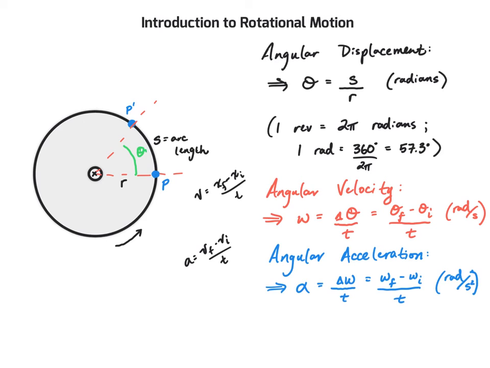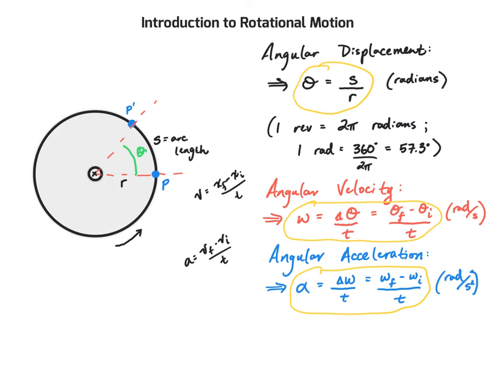So do not be intimidated by these new equations. Really, the big equations are angular displacement, angular velocity, and angular acceleration. We looked at angular acceleration in that demo today, and how angular acceleration can be caused by net torques. We're going to start utilizing angular velocity and angular displacement a little bit more.